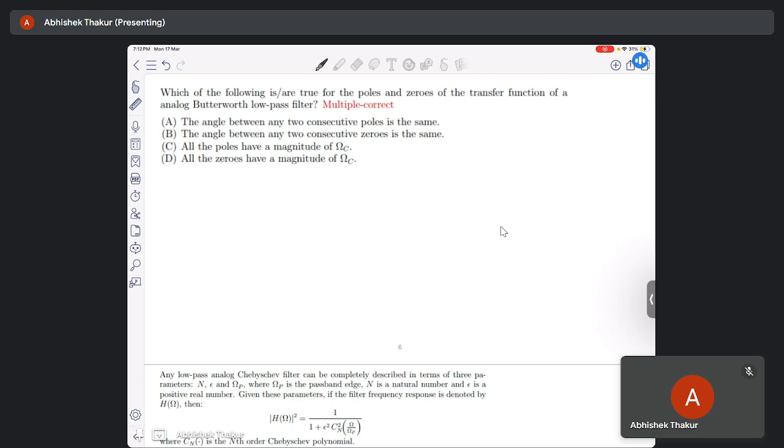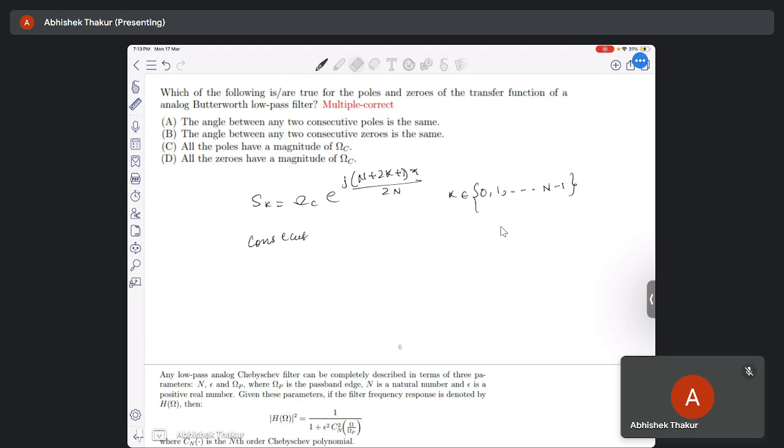Yes, the poles of the analog low pass Butterworth filter are Sk equal to omega c e to the power of j (n plus 2k plus 1) pi by 2n. Here k is 0, 1, up to n minus 1. So for the poles of the analog filter, we can see that consecutive poles have an equal angle of pi by n.